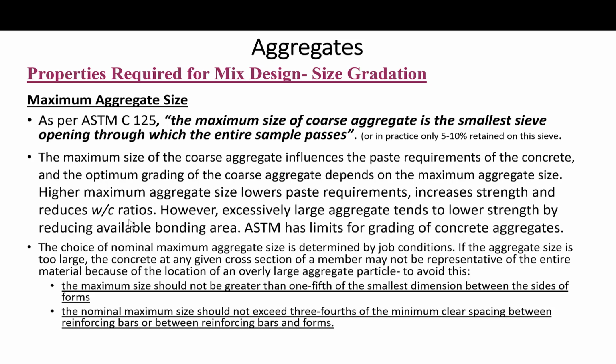So basically these two requirements, if you look at them, will effectively limit the maximum size on most jobs to 40 millimeter, which is 1.5 inches, or less. Okay, so larger sizes can be used in unreinforced concrete, mass concrete, where the limitations on size do not apply.